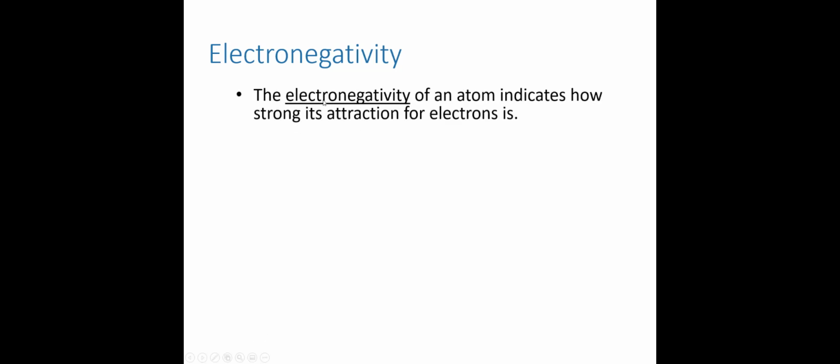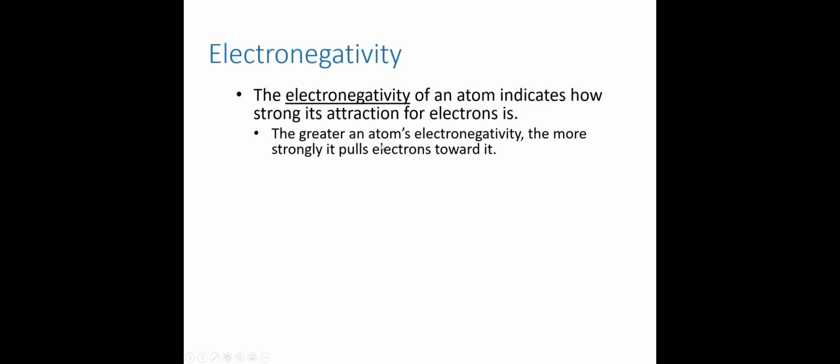The definition of electronegativity is that it tells us how strong that element's attraction for electrons is. Specifically, it's how strong its attraction is for the bonding electrons, the electrons that are bonded to it.